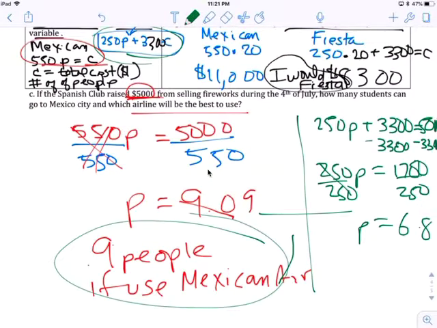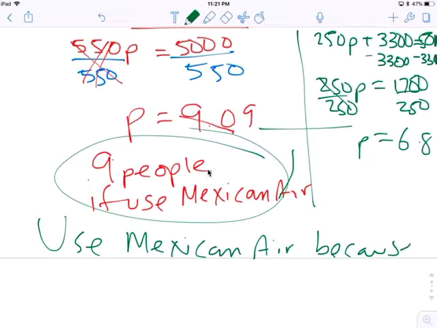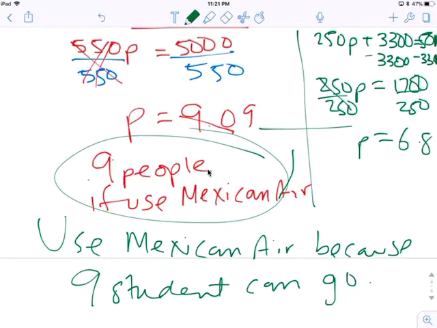Oh, definitely Mexican Air is cheaper. You get 9. Use Mexican Air because 9 students can go on the field trip, right?